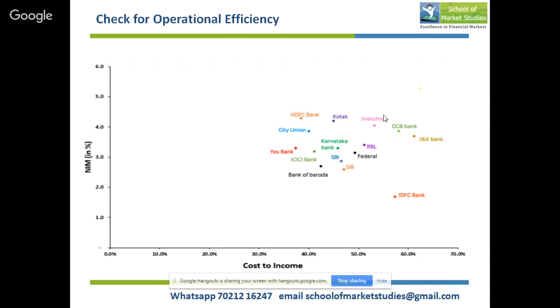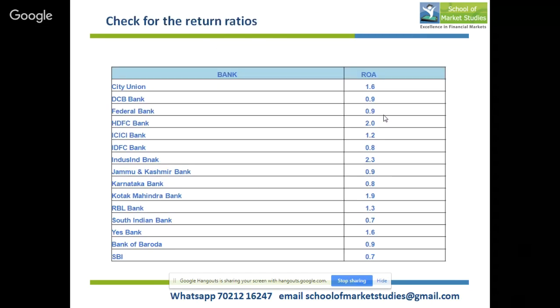Sorry, and we can include DCB also. We'll just keep it there, although it is slightly on the higher side in terms of cost to income. That is not too much of a worry because its NIM is very high. And see, DCB Bank's ROA is also pretty high for FY20. And of course, SBI would be there.